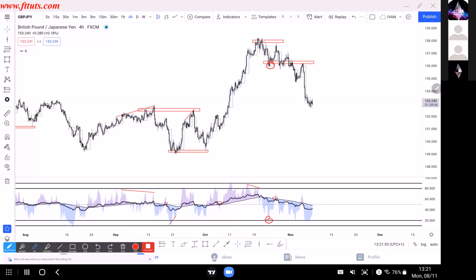So something like this, price is tapping into our supply zone, price is leaving the supply zone, and then price is tapping into it. This would definitely for me be a good entry approach to take my trade. You see I marked QM approach, QM entry here.